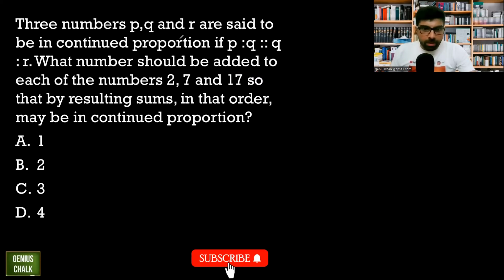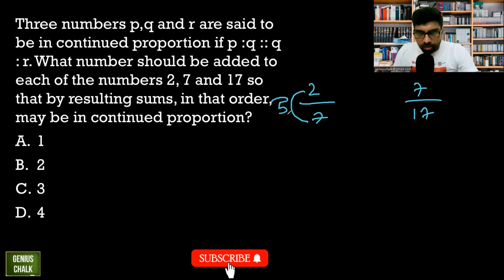So the next method is the ratio method. We take 2 by 7 and 7 by 17. This method we apply in comparison of fractions as well. Just check what the difference is here. It is 5. And what is the difference here? It is 10. Okay, 5 and 10. This has a difference of 5, and this has a difference of 10. So it is basically 1:2. So multiply this ratio by 2 and this ratio by 1.